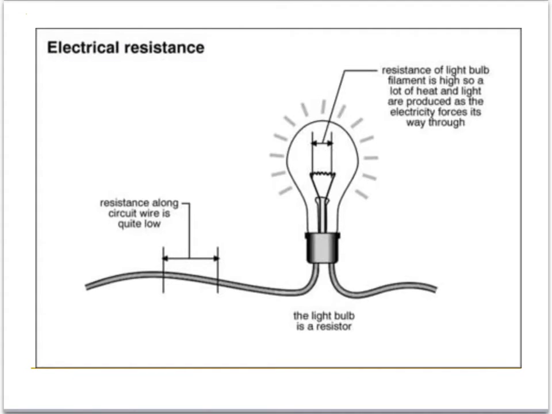In the general part of an electric circuit, which is the wire, there's very little resistance. But if we look at something such as a light bulb, we have a lot of resistance. And this causes that part of the wire to get hot and produce heat and light.